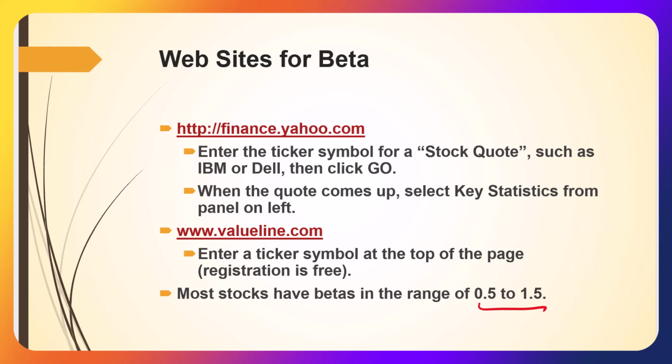We can also go to a variety of websites. We can go to Yahoo Finance. We can go to valueline.com. There are many different sources, Morningstar.com, Zacks.com. All of these websites publish betas for companies. What we should find is that most stocks will have betas somewhere between 0.5 and 1.5.